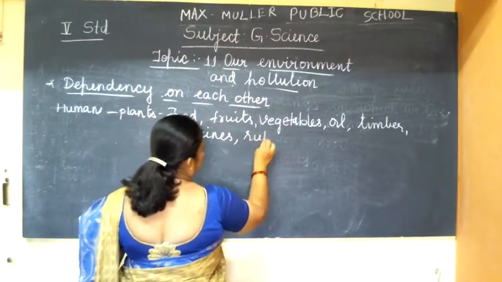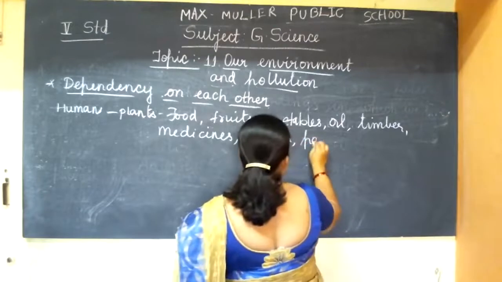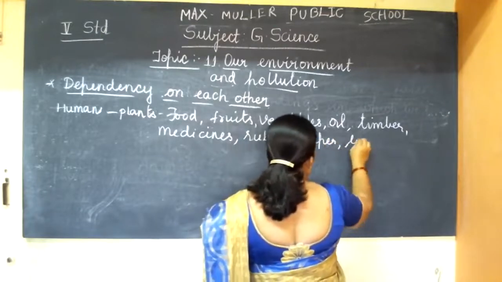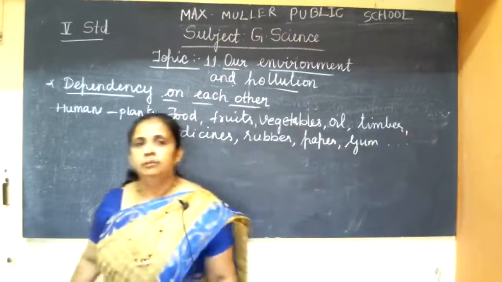Okay, rubber, then paper, gum. So there are so many things we are dependent on plants for.